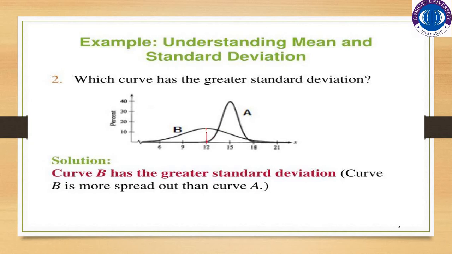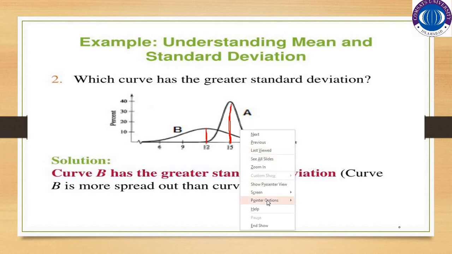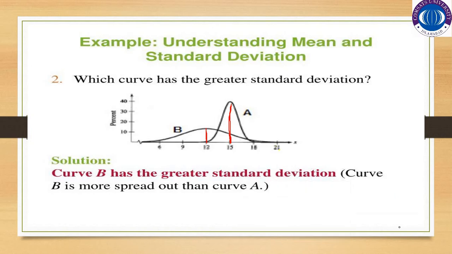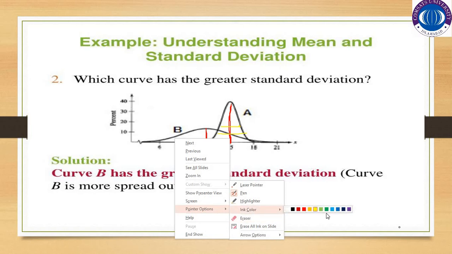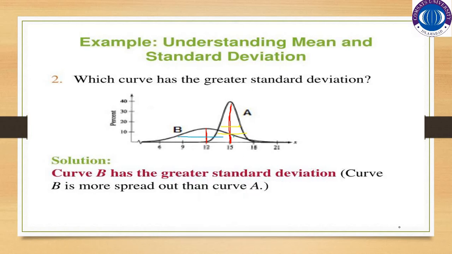So this one is the mean for curve B, and this one is the mean for curve A. If we change the color, this is the spread of curve A, and this one is the spread for curve B. So you can see that this area is larger than that of curve A. So obviously it has the greater standard deviation, as standard deviation is the measure of dispersion, and measure of dispersion tells us how much your data is dispersed around your mean.